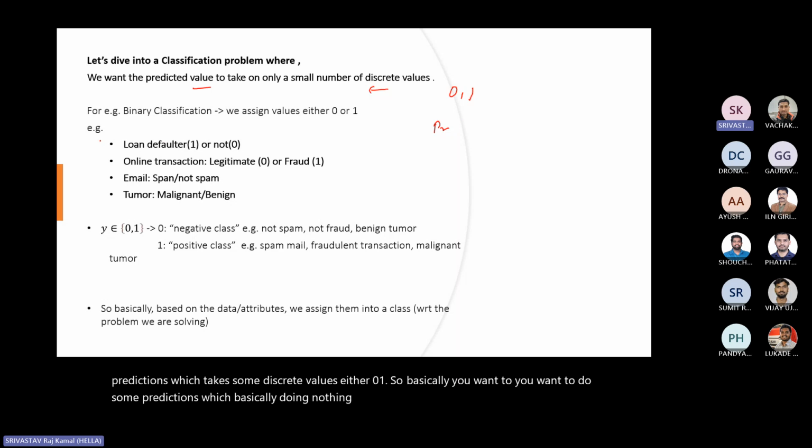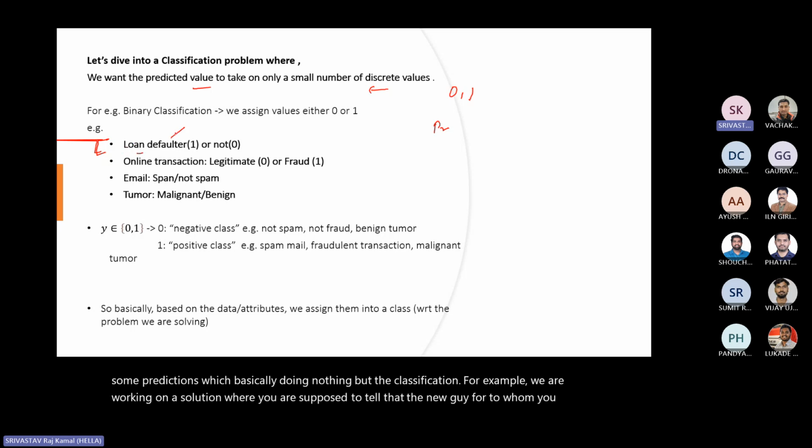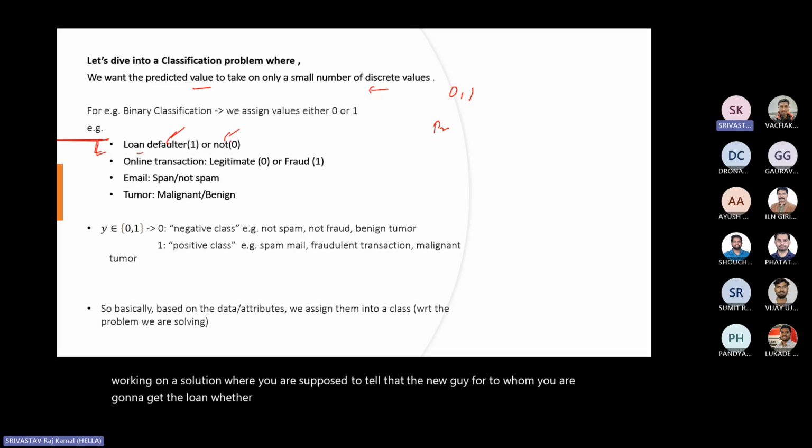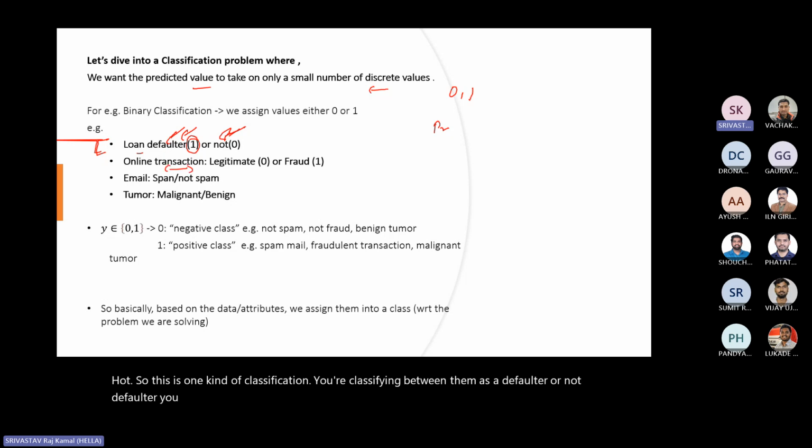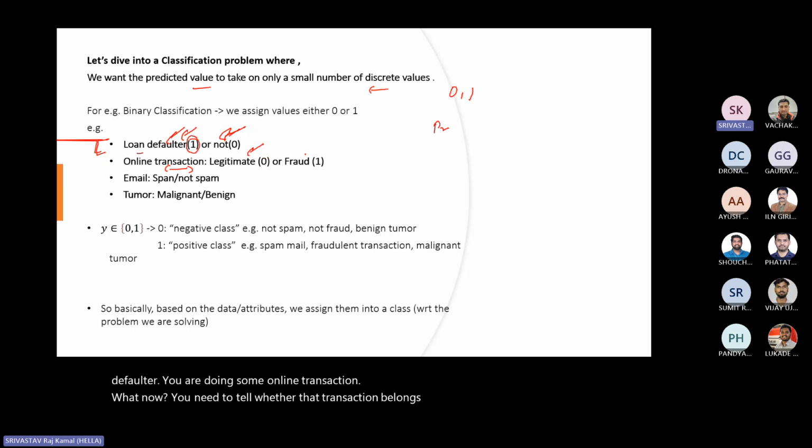For example, we are working on a solution where you are supposed to tell, for the new person to whom you are going to give a loan, whether he is going to default or not. This is one kind of classification. You are classifying them as a defaulter or not a defaulter. You are doing an online transaction, and you need to tell whether that transaction belongs to the category of legitimate or fraud.